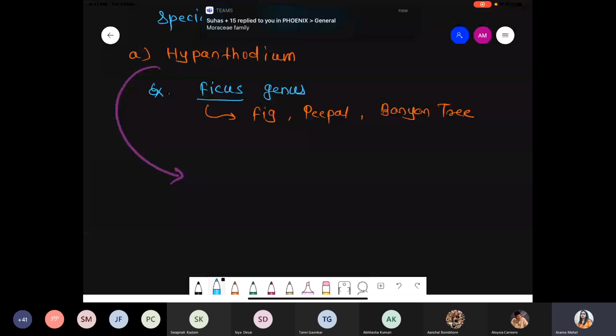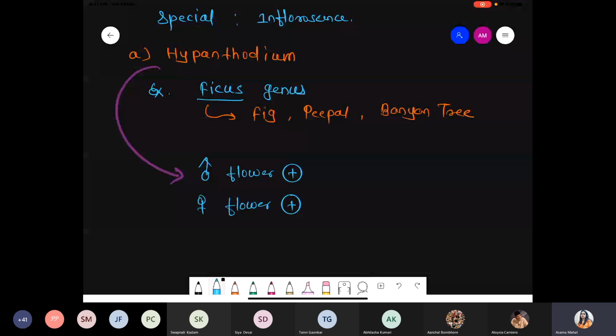In this condition, male flowers are present, it also consists of female flowers, and there is also the presence of sterile flowers. The sterile flower is also called the neutral flower, or neuter flower. So three types of flowers are present in the case of hypanthodium.